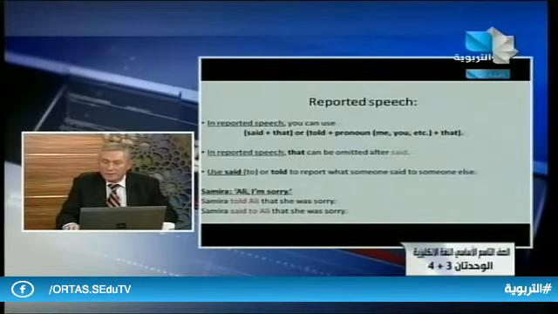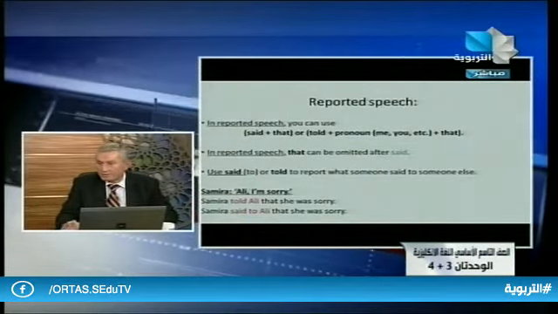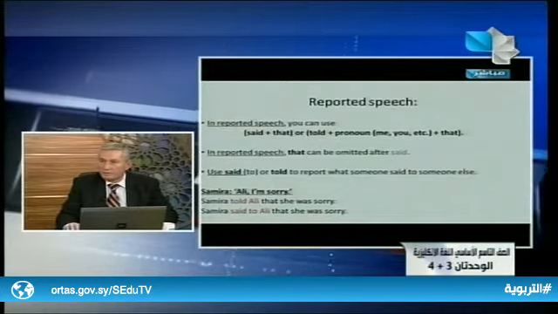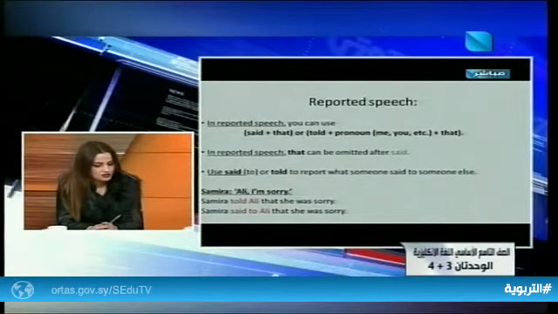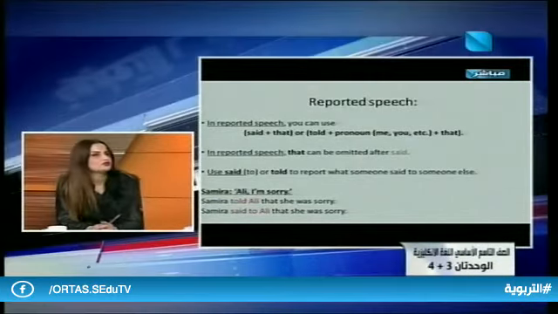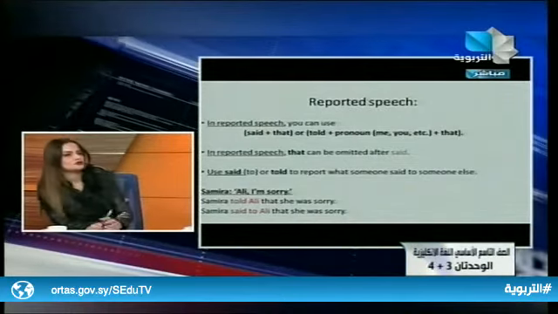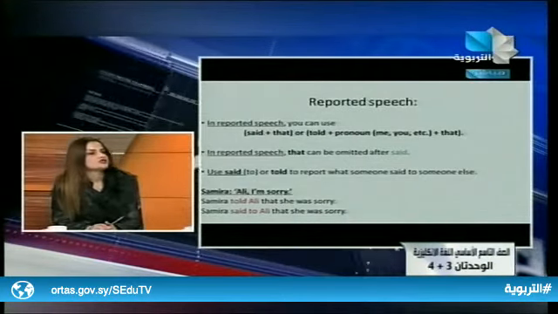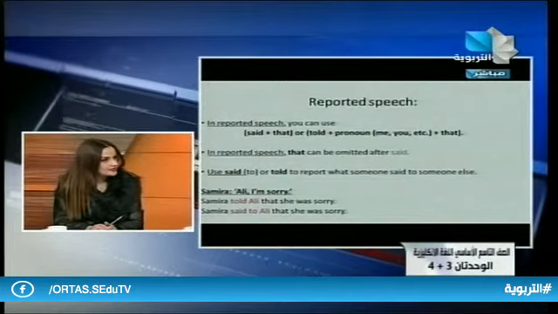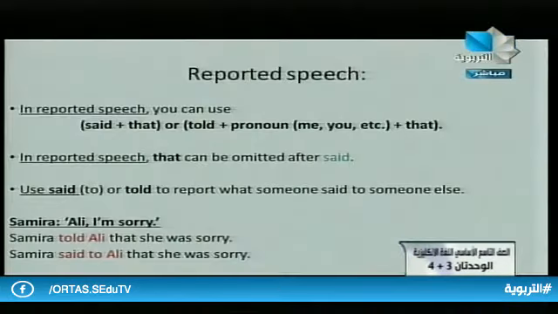Miss Lamis, in reported speech, you are going now to give some examples. For example, she wants to go to her football match, or he wants to go to his football match. She said that she wanted to go to her football match, or to his football match, according to the speaker, whether it's a male or a female.